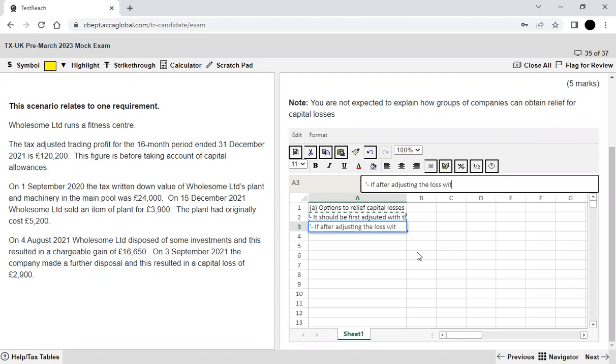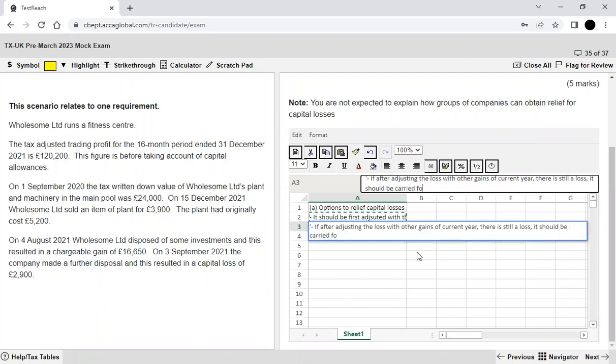If after adjusting the loss with other gains of the current year there is still a loss, it should be carried forward for future capital gains.